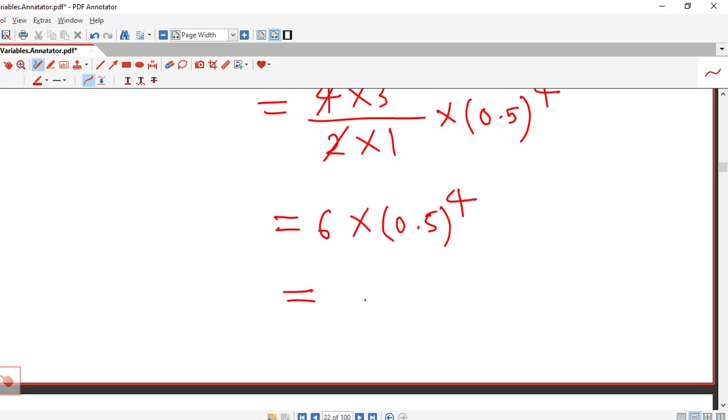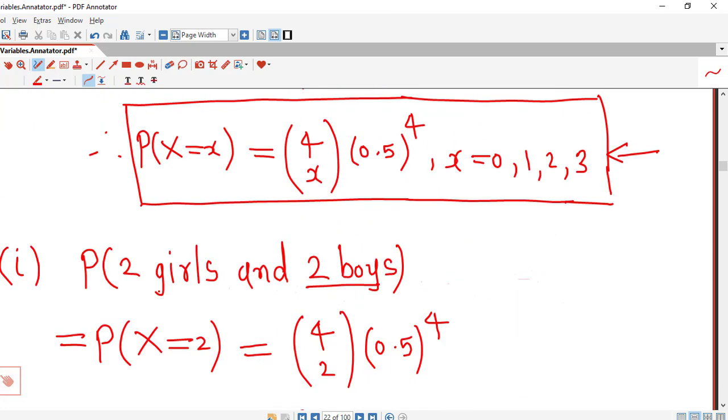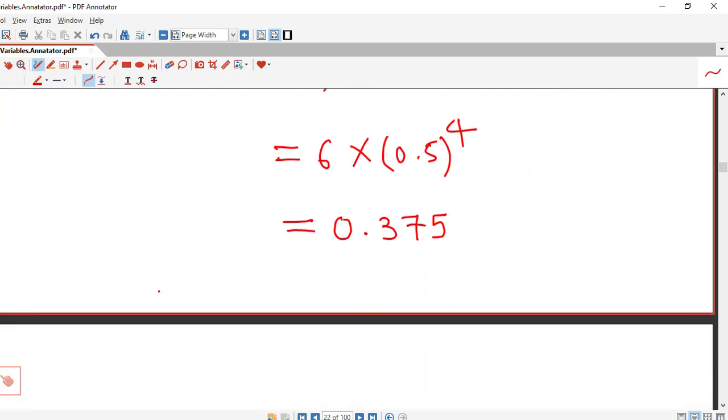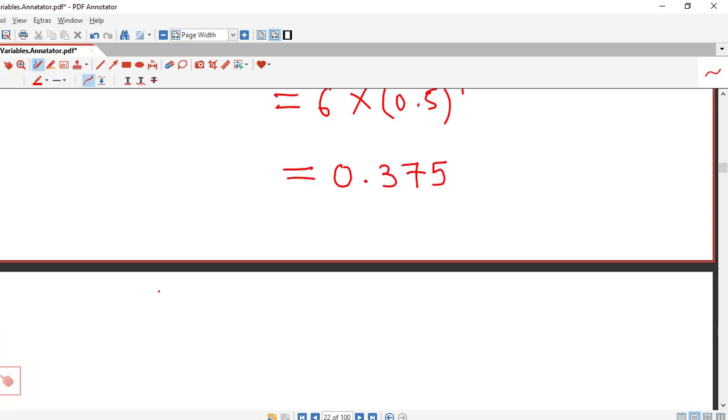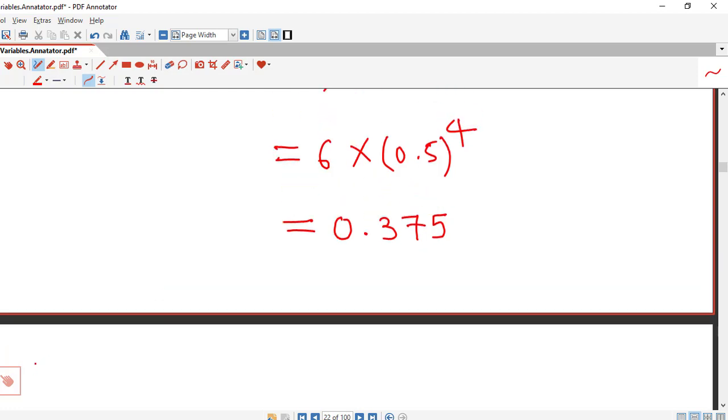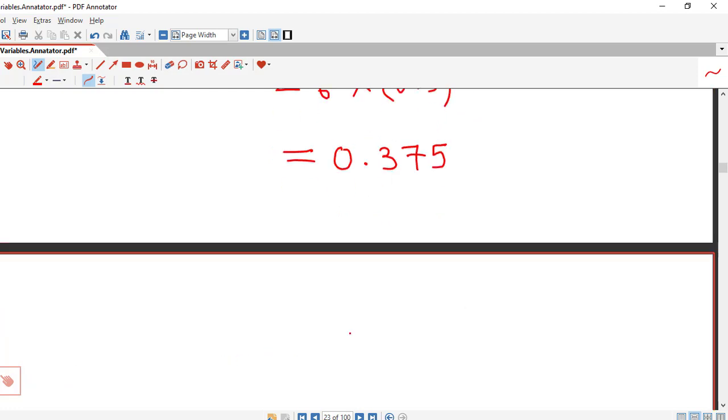Using the scientific calculator this turns out to be 0.375. So the probability of 2 boys and 2 girls is 0.375 in a single family, and we are asked to find out the number of families expected to have 2 boys and 2 girls.